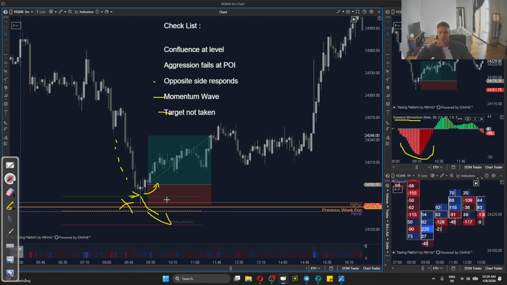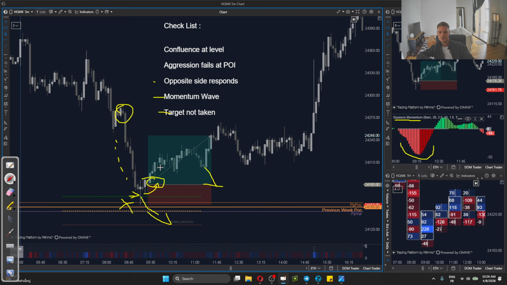And then target not taken, meaning, let's say I have a potential entry in this area, but I missed it, and now I try to have a limit order when we retested, but maybe we went here already. Let's say that was my target.